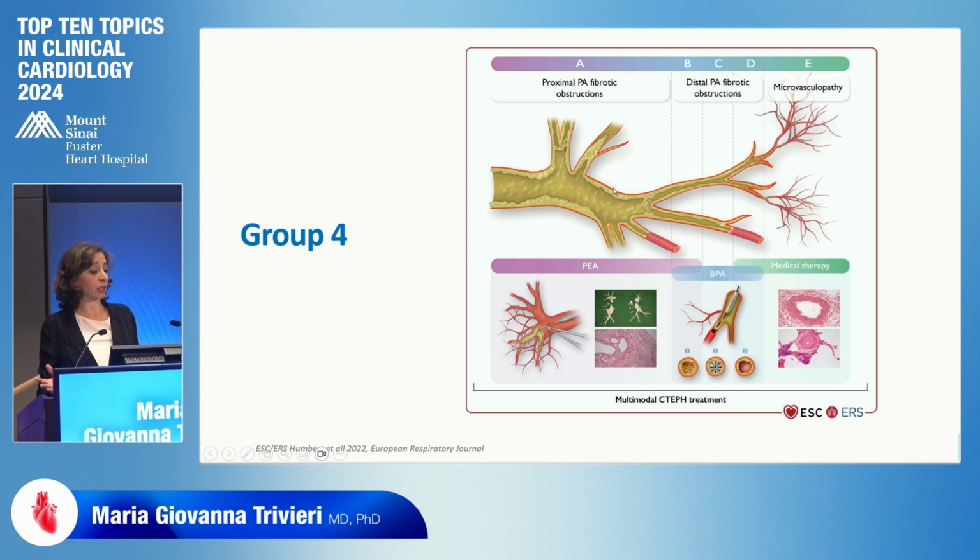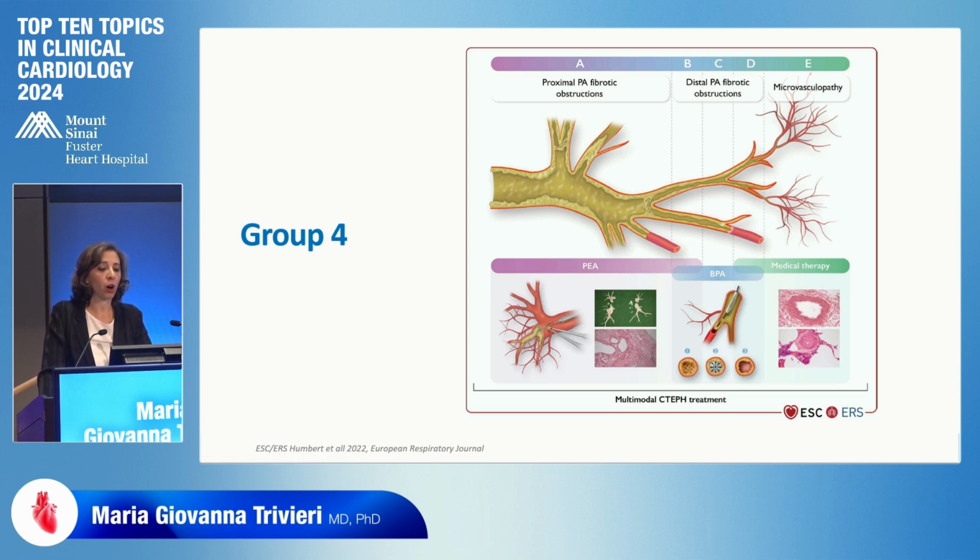And it is actually the only form of pulmonary hypertension where there is a surgical approach. And the surgeon, if there is involvement of the proximal part of the pulmonary tree, would go in and slide off this material, removing the obstruction and technically fixing the pulmonary hypertension.